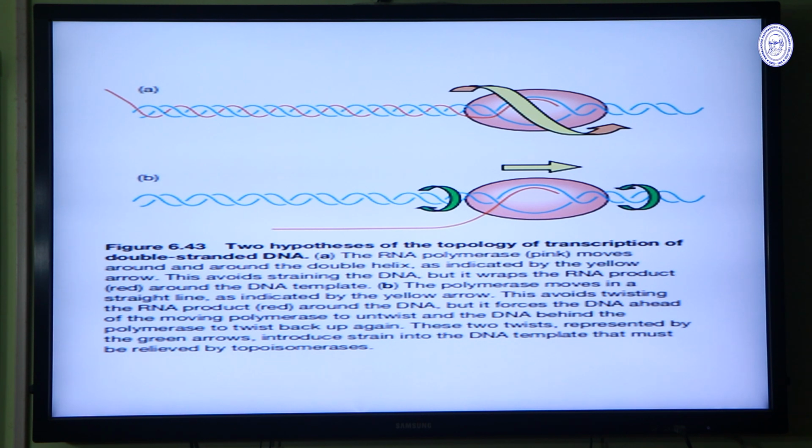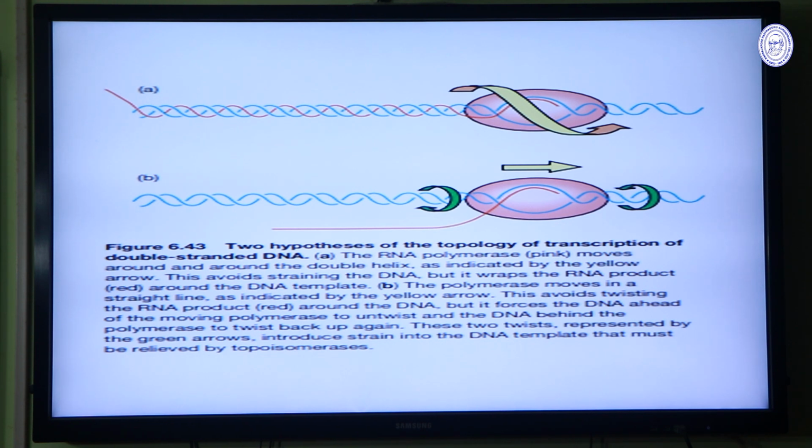But while adopting this mechanism, two phenomena occur. The downstream part of the RNA polymerase, or the front part, has to be unwound so that the RNA polymerase can move. So, strain will be generated on the upstream portion and it will be further supercoiled.